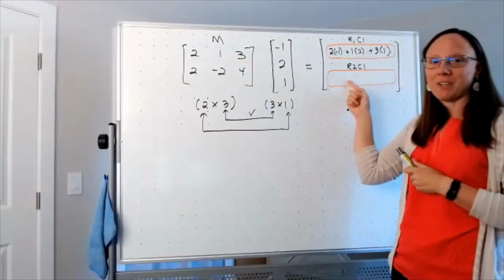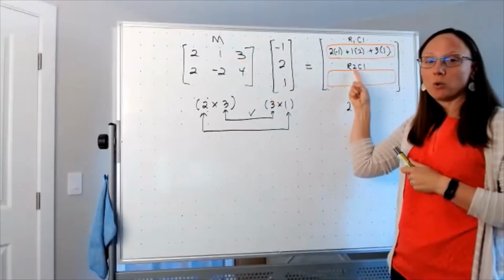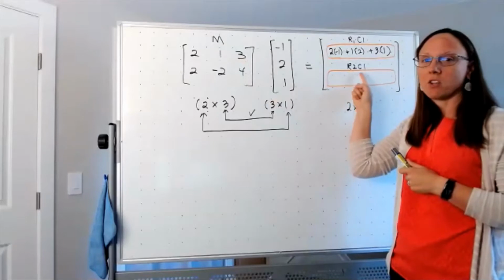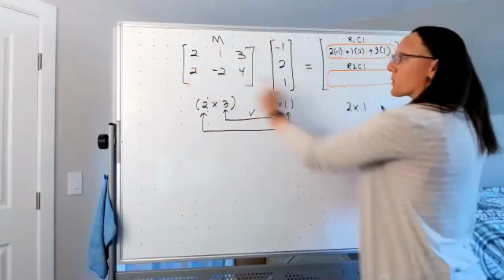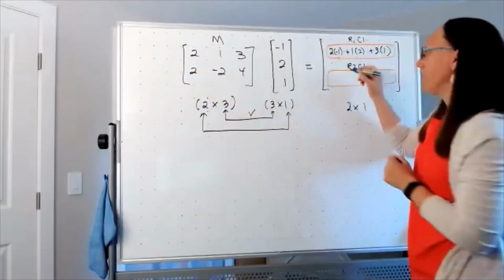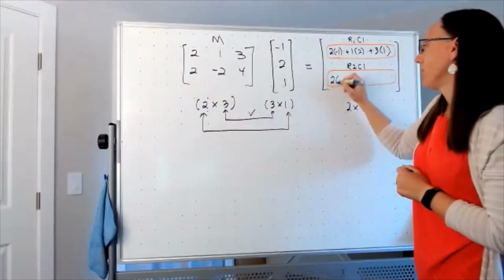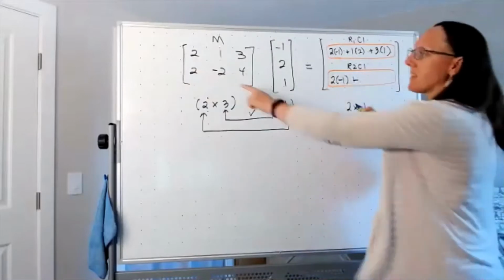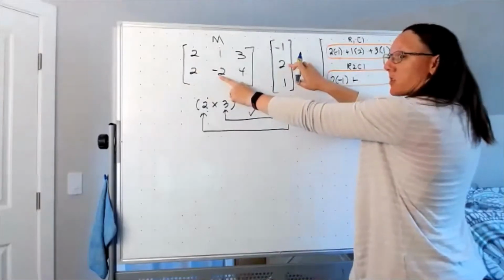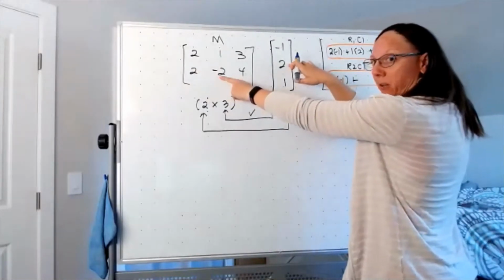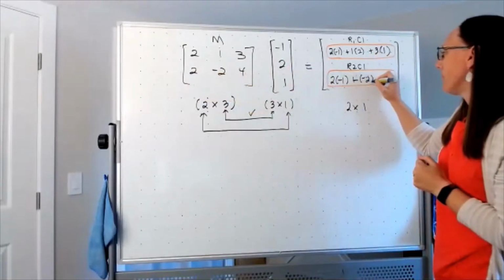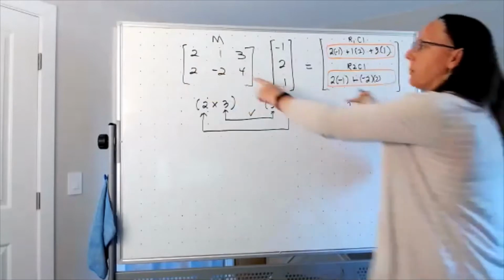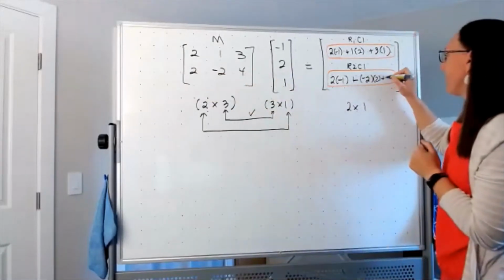When I move to the second piece, I'm multiplying row 2 from the first matrix times column 1 of the second matrix. Row 2, so I've got 2 times -1 plus -2 times 2. Again, I'm moving element by element. So -2 times 2 plus 4 times 1.